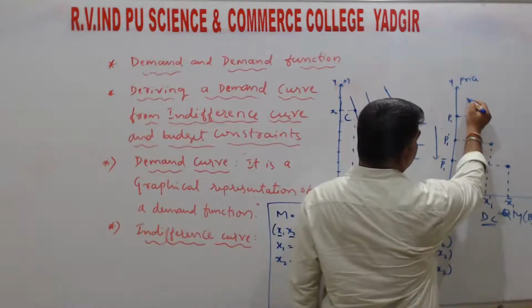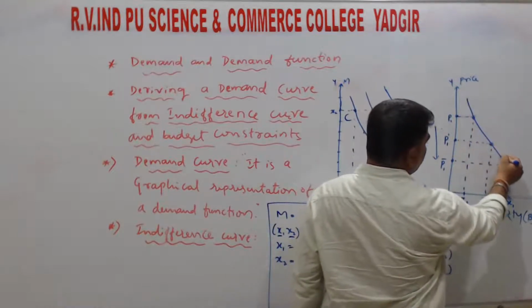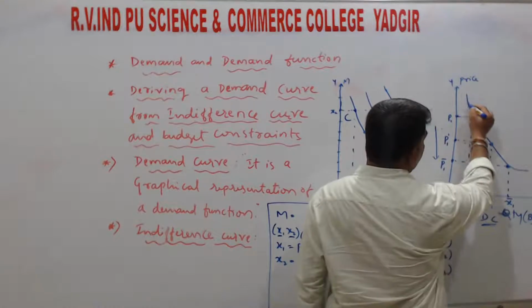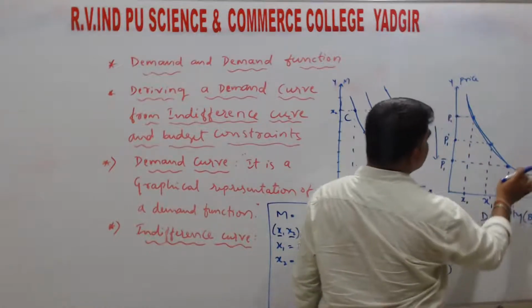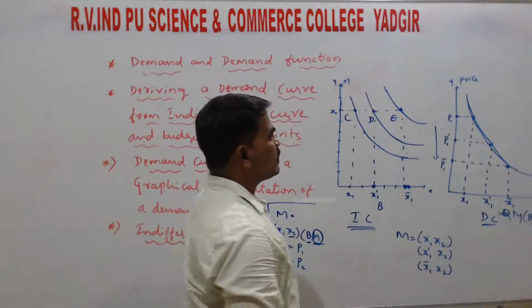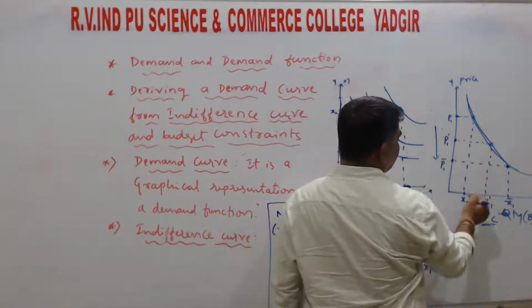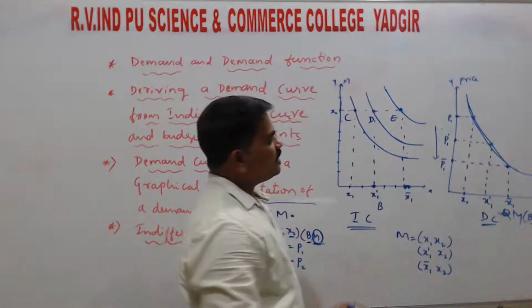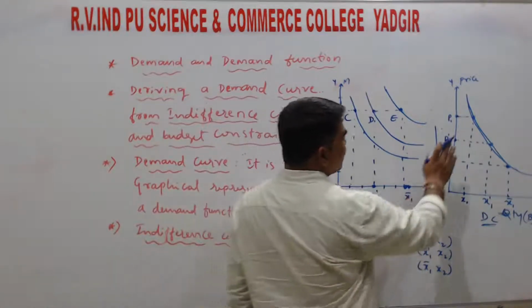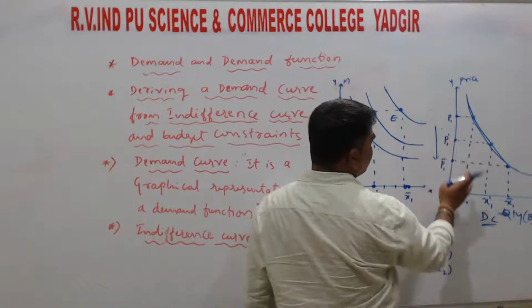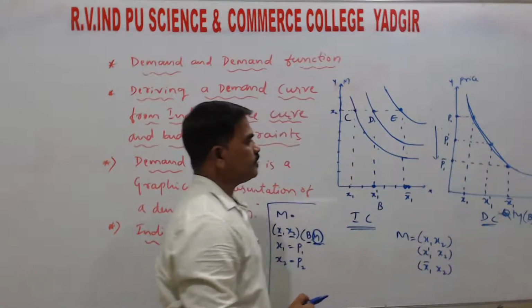If we join the points here, we get this curve, which we call the demand curve. It shows the relationship between price and quantity, and how the curve behaves based on the price of the good.